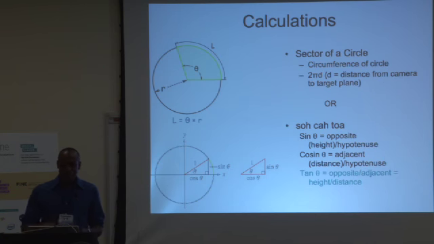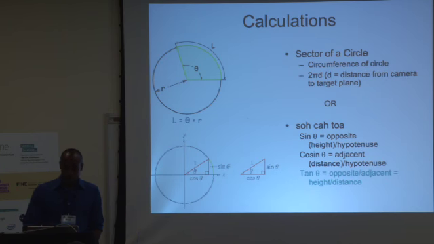So sine equals opposite over hypotenuse, cosine equals adjacent over hypotenuse, tangent equals opposite over adjacent. And the tangent of an angle, such as a field of view, is going to be equal to the opposite side. In this case, it could be the height or the width, if your camera angle is 90 degrees to your image plane.